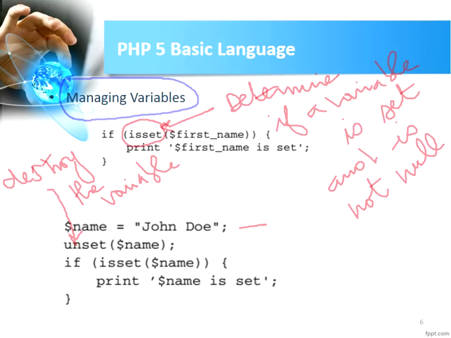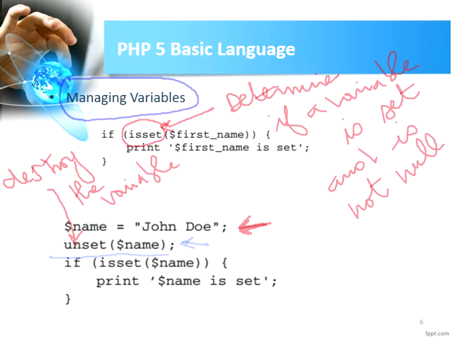This first instruction creates variable name and assigns a value John Doe. After that, when I write unset name, that means I will destroy this variable name.